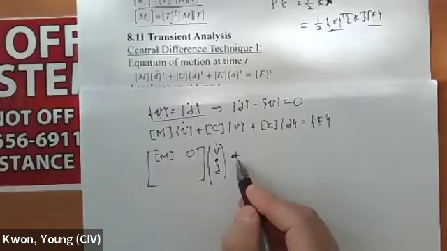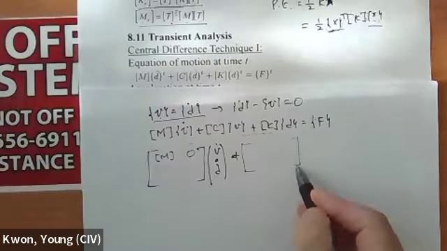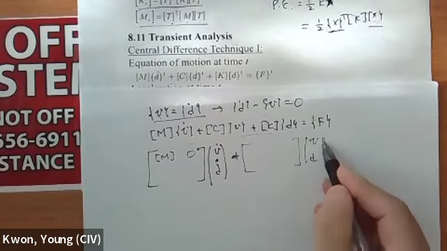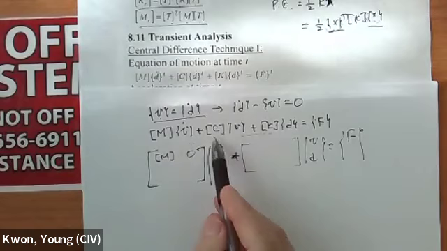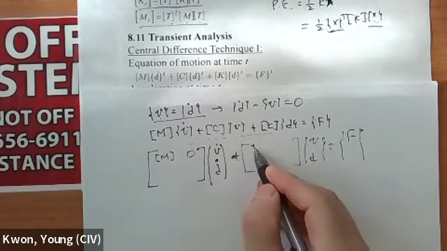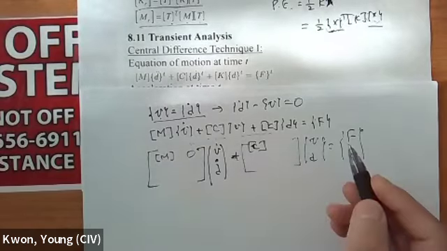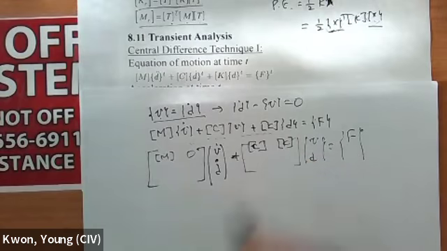Okay. So let's do this equation first. And then v and d like that. And this is going to be C. And this is K, right? So M v dot plus C v plus K d equal F, right?